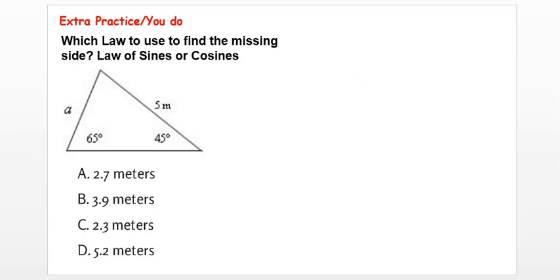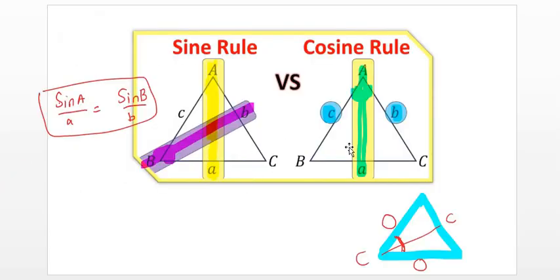As I showed you in this slide that was telling you how to decide which law to use: if you have a known and unknown pair, and another pair with known and unknown, when I say pair I mean the angle with the opposite side, then you have to use the law of sines.